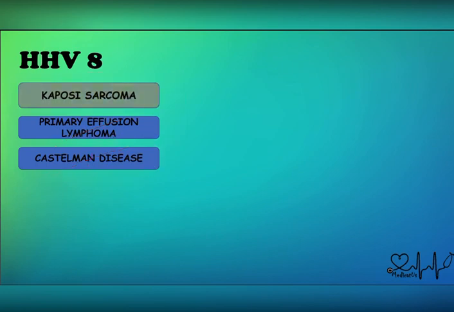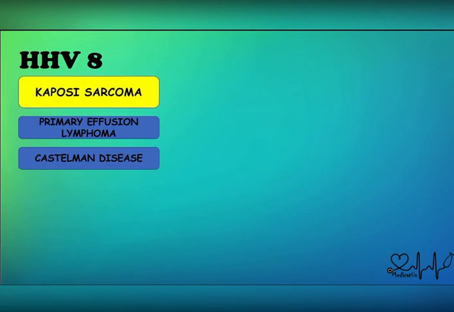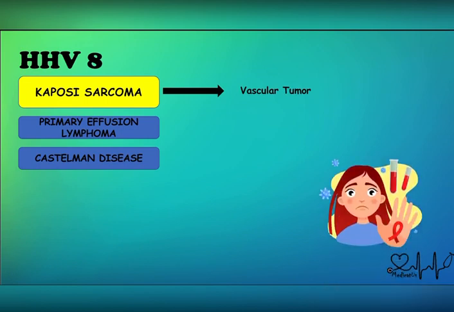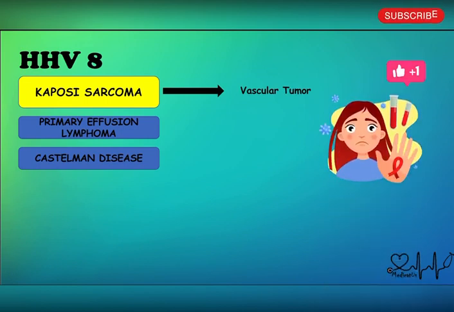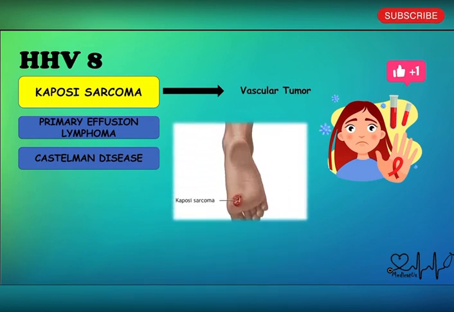Okay. So starting with Kaposi sarcoma, it is a vascular tumor, and it is most commonly associated with HIV. Its most common site is the lower limbs, especially the skin, because it's a vascular disease. So it will be most associated with the skin.